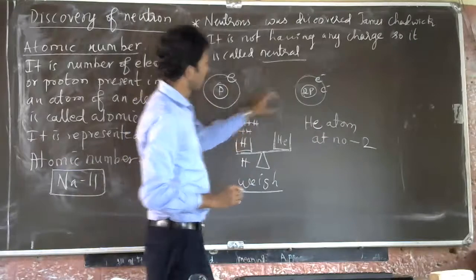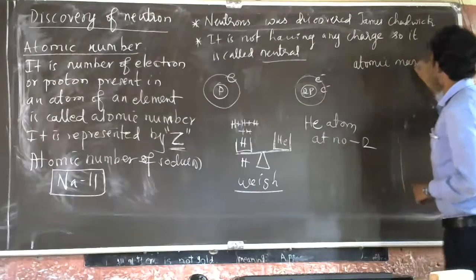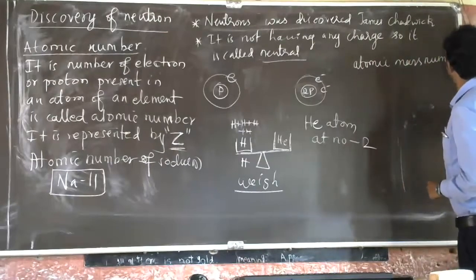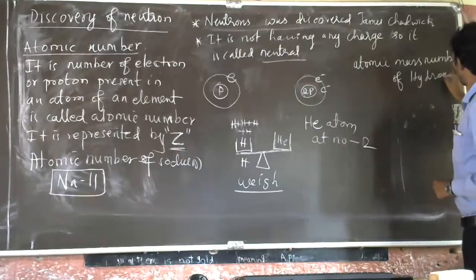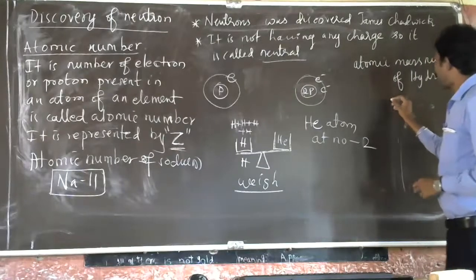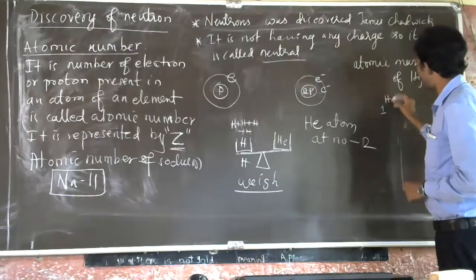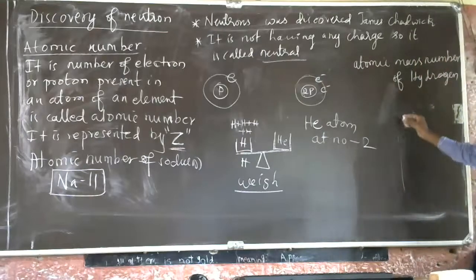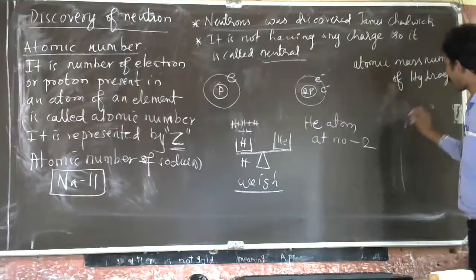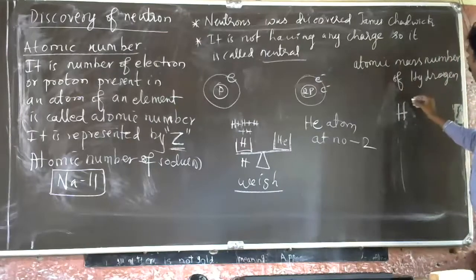Why? Because the atomic mass number of hydrogen is 1, and the atomic number is also 1. We represent every element like this, writing the atomic mass number above.